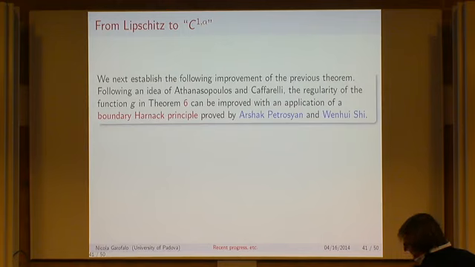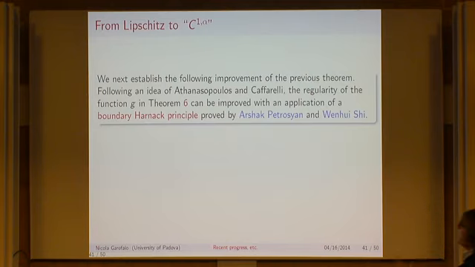You don't need both functions to be non-negative, you only need the function in the denominator to be non-negative when you look at the proof. You end up proving that directional derivatives are C alpha. So you end up proving C^{1,alpha} regularity for the free boundary at a regular free boundary point.